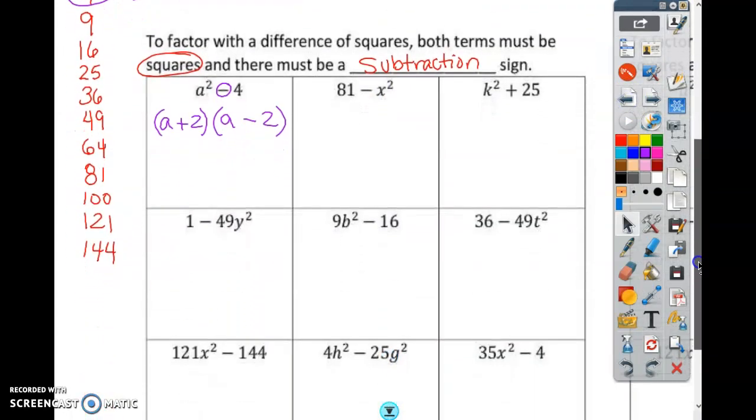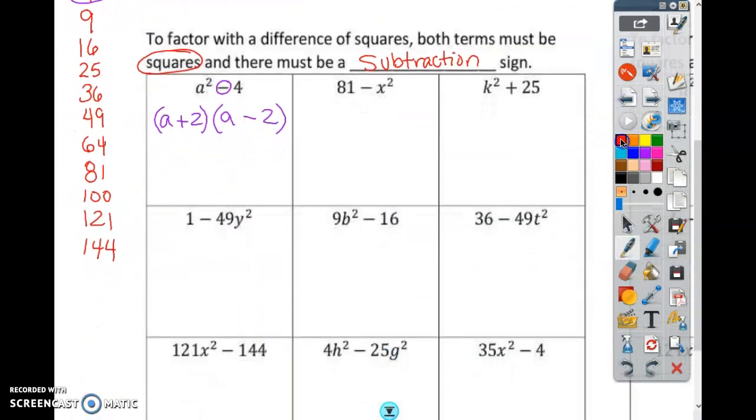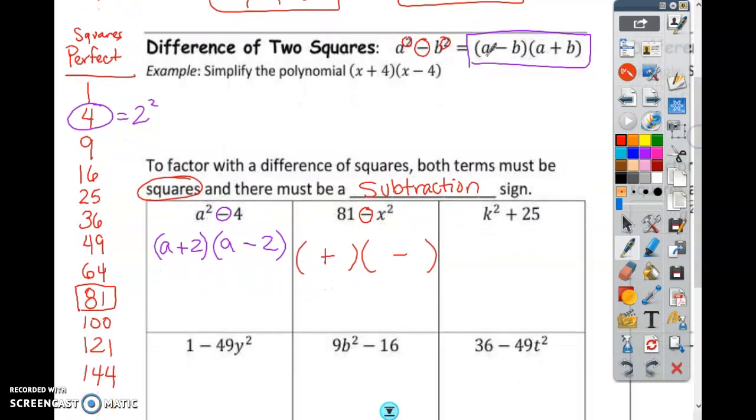Let's do another one. This is a difference of 2 squares. This is on my list, and this is also a square. So I'm going to put 1 plus, 1 minus, because that's what my rule says. You see right here, 1's plus, 1's minus, and the order doesn't matter.